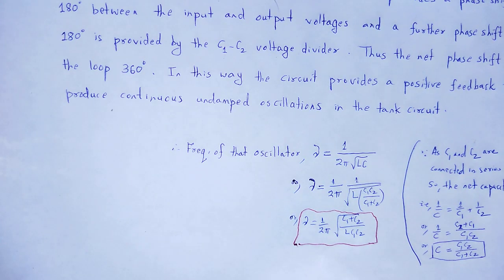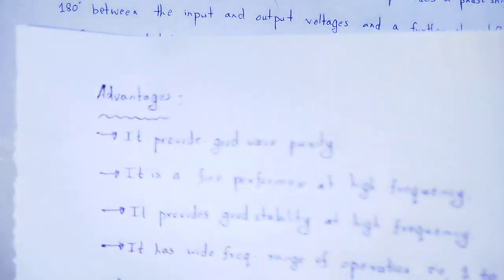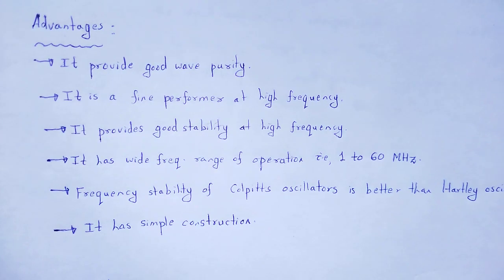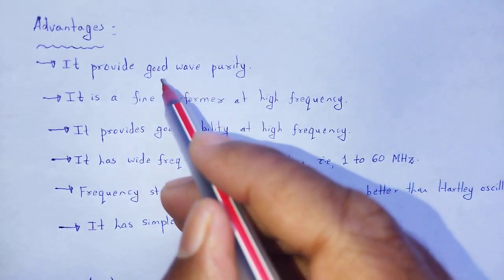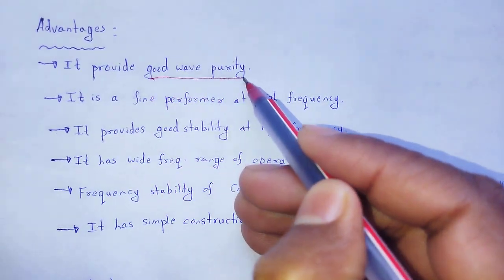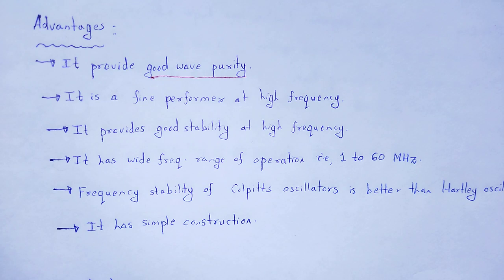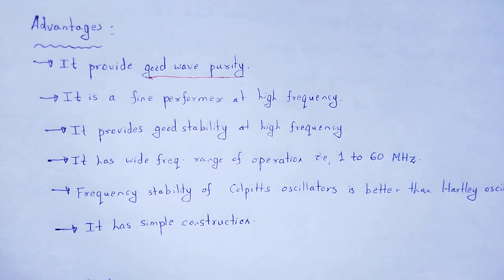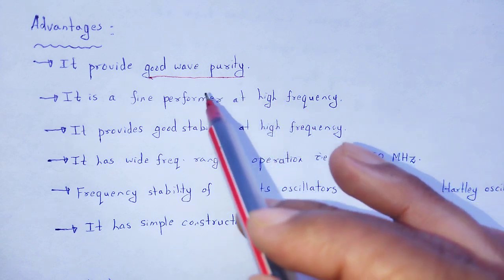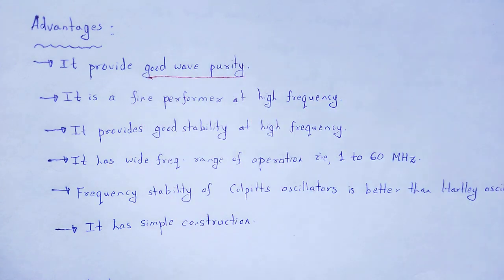Next, the advantages, disadvantages and applications of that type of oscillator. Advantages: it provides good wave purity. In case of Hartley oscillator, at output we obtain harmonic oscillations, means we can't obtain a pure form of sinusoidal wave, but in case of Colpitts oscillator, the purity of wave is good.